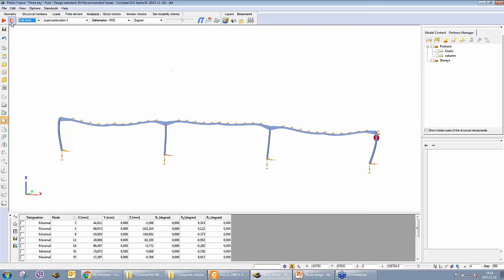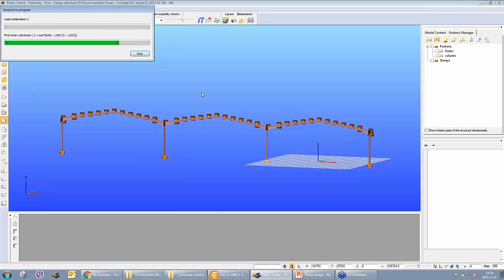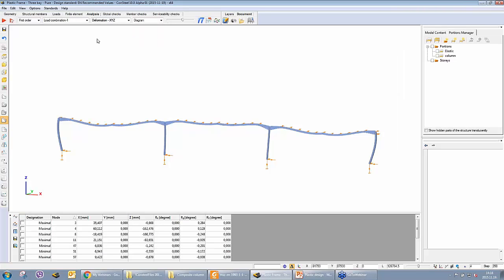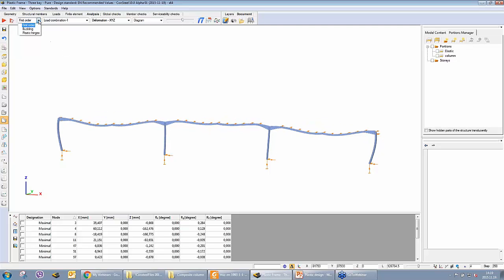Now we have 1. If we, for example, take out the initial sway, then it can happen that at this load level, even if it is a plastic analysis, we do not have any plastic hinge in the first order calculation.